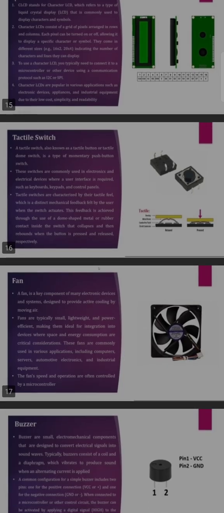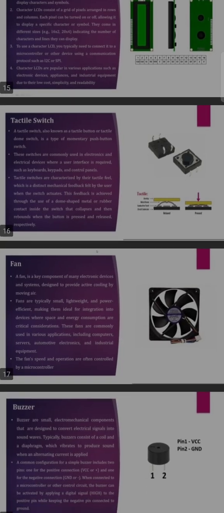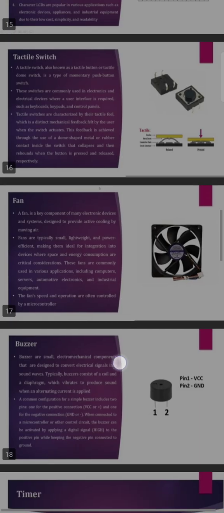Tactile switch. This is one type used for the washing machine project. A tactile switch, also known as a tactile button or tactile dome switch, is a type of momentary push-down switch. These switches are commonly used in electronics and electrical devices where a user interface is required, such as keyboards, keypads, and control panels.